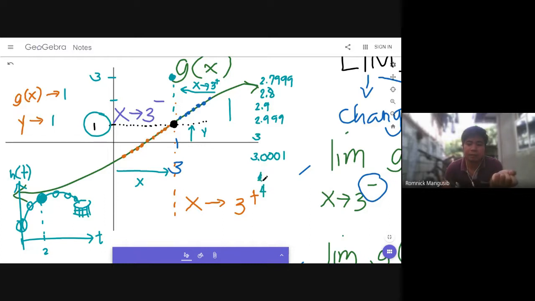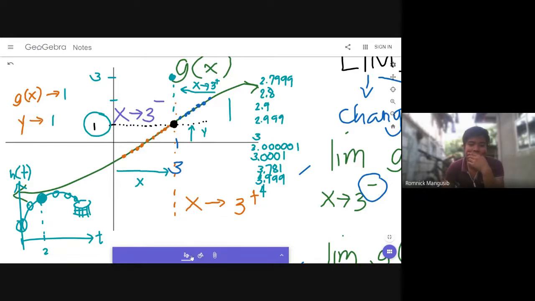So, ibig sabihin, liliitan mo 3.999, 3.789. You have 3.001, you have 3.0000001. Okay. That's how we understand moving closer to a number. When you move closer to a number at galing ka sa right, you are decreasing the number. When you're moving closer to 3, you're from the left, then you have to increase. You need to increase the number. Okay?